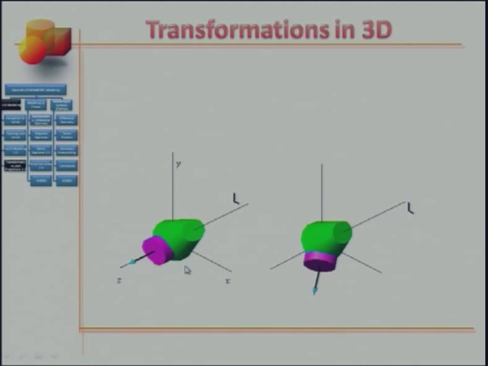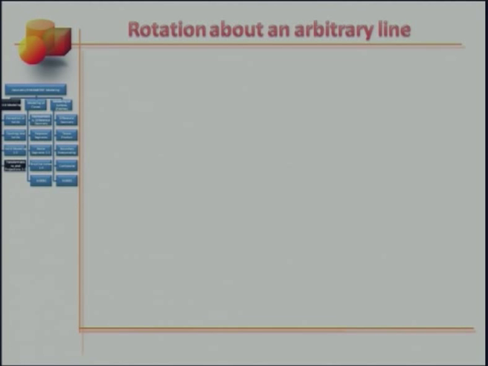This is an example of an object being rotated about an arbitrary line L that passes through the origin. We'll study rotations about an arbitrary line formally in the following slides. So this is the problem statement.